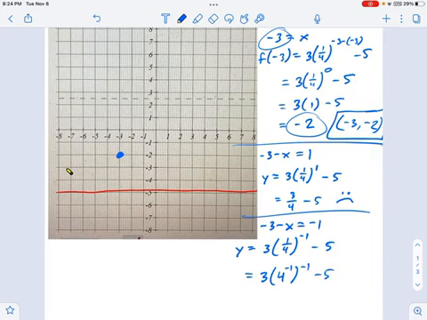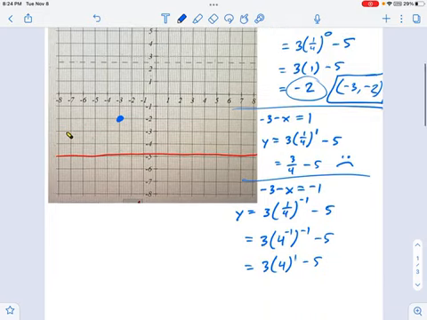Okay, I'll do this in steps. And when you take an exponential and you raise it to another exponential, like I'm doing right here, those just multiply together. So we get 3 times 4 to the 1 minus 5. And this is quite nice again. We're back to integers. So this becomes 12 minus 5 equals 7. Okay, so my coordinate will now be -1, 7.